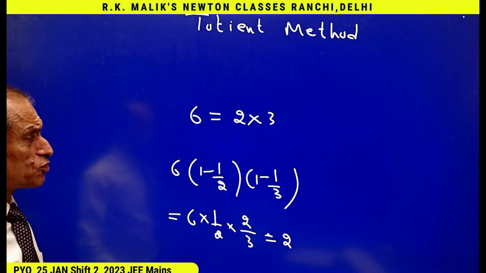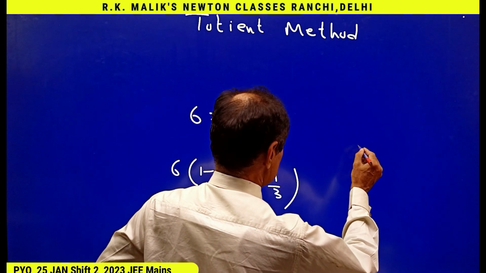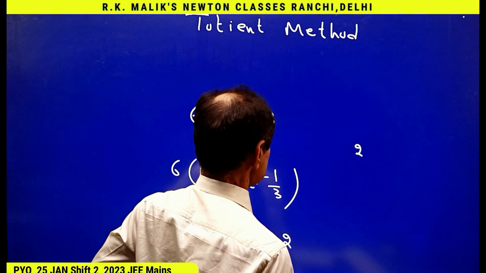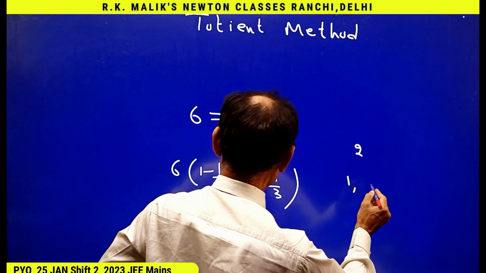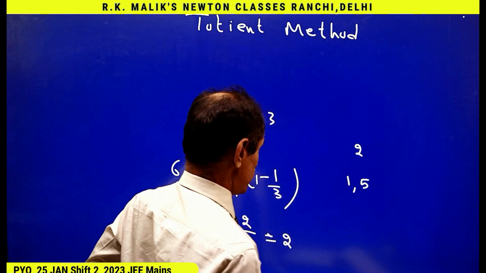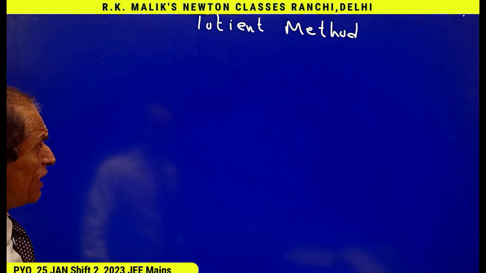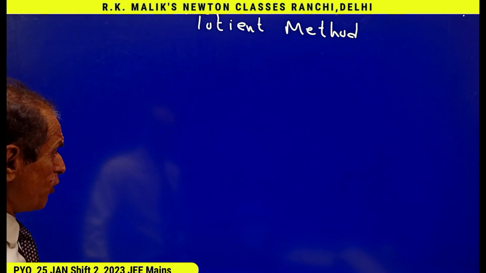And practically also I had just now proved that totient of 6 is 2 because there are two numbers which are less than 6 and co-prime with 6. These are 1 and 5. Just now I told that totient of 10 is 4. And now let us do this by formula.